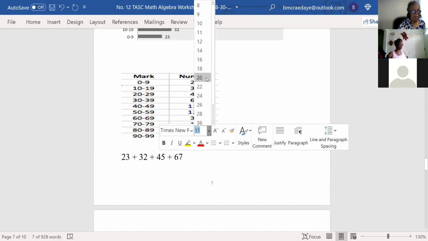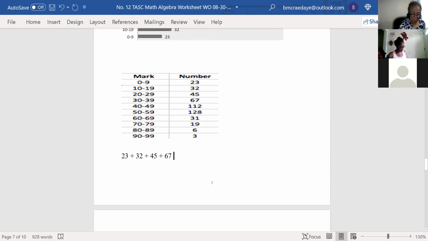So what is that equal to? Well, these four numbers. When you add those, what's that equal to?